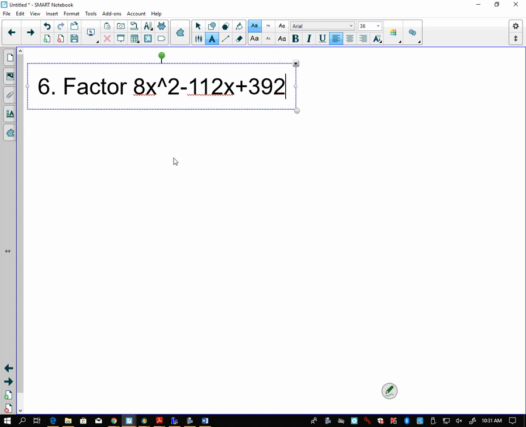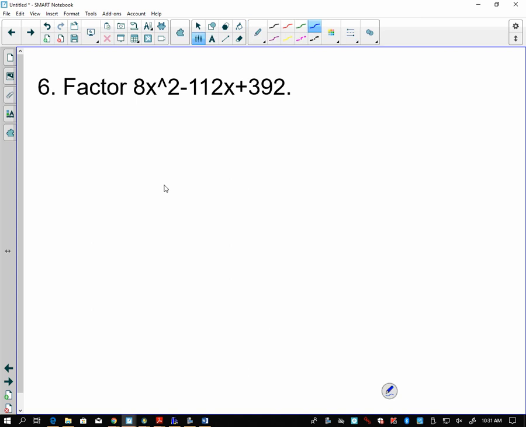I'm going to give you harder numbers than what are on the test. Okay, that's all it says. So let me rewrite it so that we're seeing that: 8x squared minus 112x plus 392.